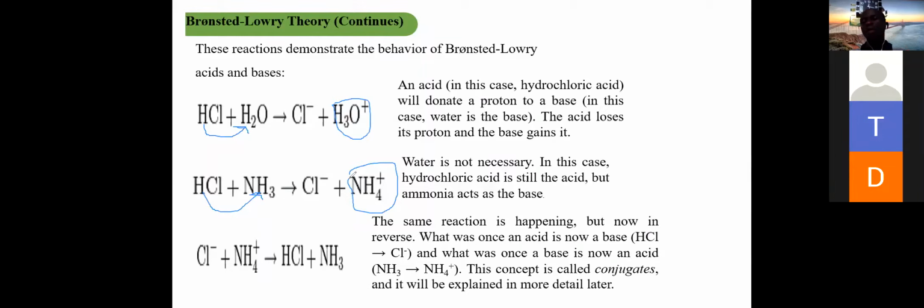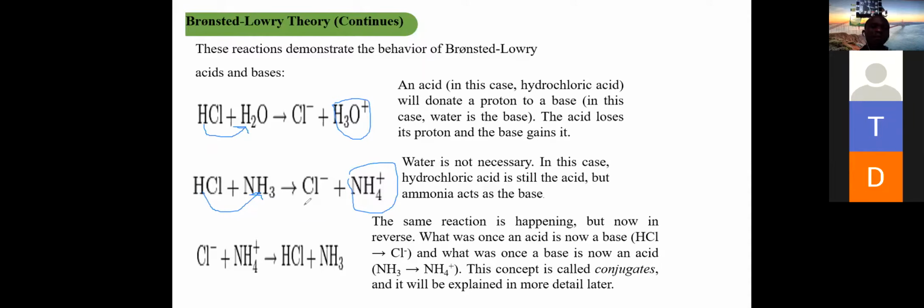It has to become NH4 plus. That's what we call the ammonium ion. Then the HCl, because it has lost one proton, will be left with Cl minus. So HCl acts as a Bronsted-Lowry acid, and ammonia is a Bronsted-Lowry base.